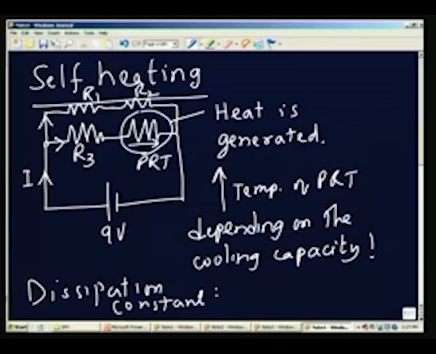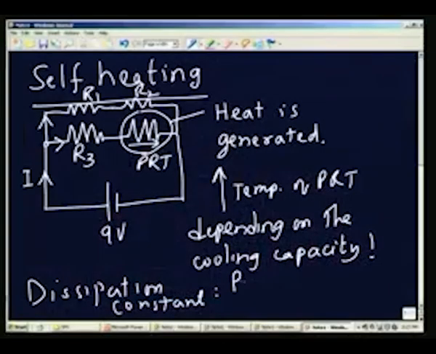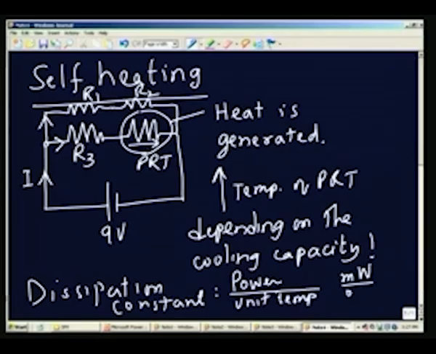Dissipation constant is nothing but the power that the PRT can dissipate per unit temperature rise. That means that it will be power per unit temperature rise, so many milliwatts per degree Celsius.